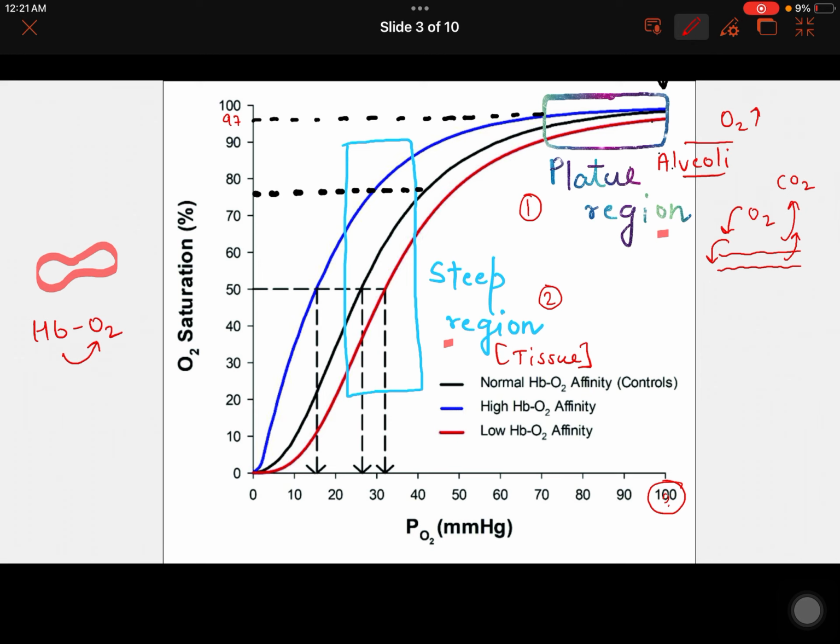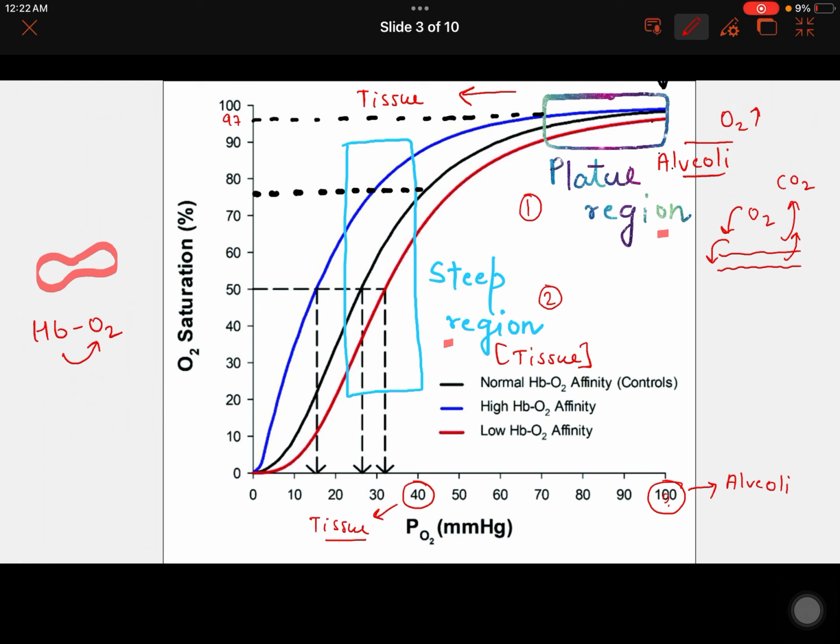Now from the alveoli level, if you move towards the tissue level, the oxygen saturation starts dropping, but at what level is also important. In the tissues the partial pressure of oxygen is around 40 millimeters of mercury, while it is around 100 in the lungs, at the alveoli level. So what we can see is, and can you see the saturation also?